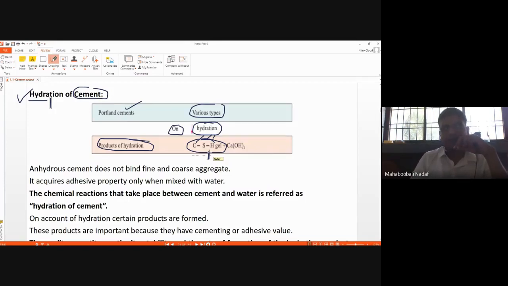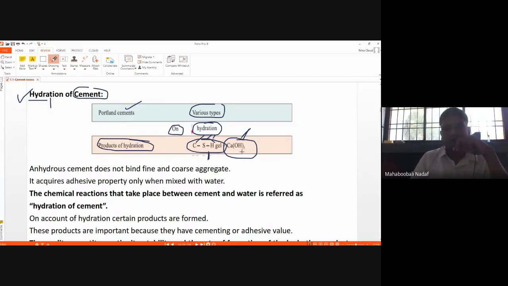The other major compound which is formed is calcium hydroxide, Ca(OH)2. Calcium hydroxide is not able to give any strength, but it is harmful for the cement products.